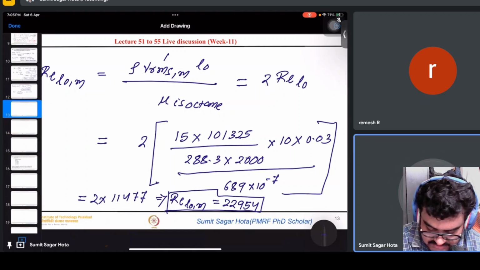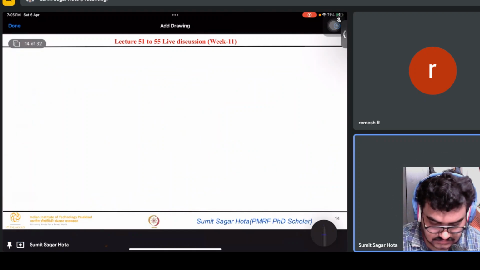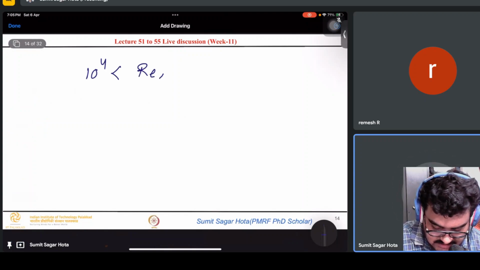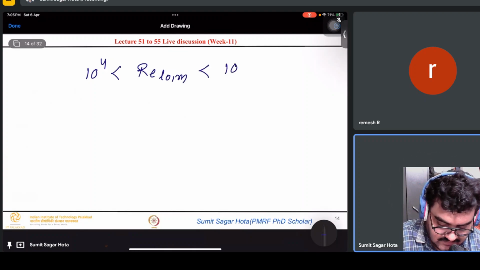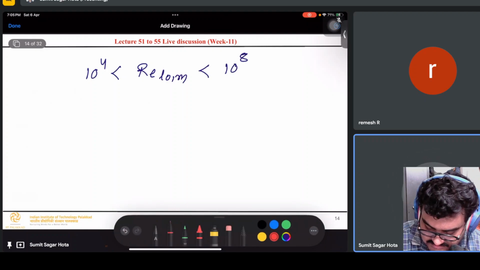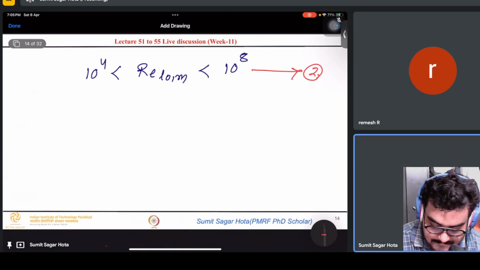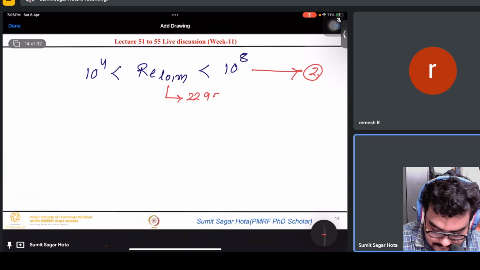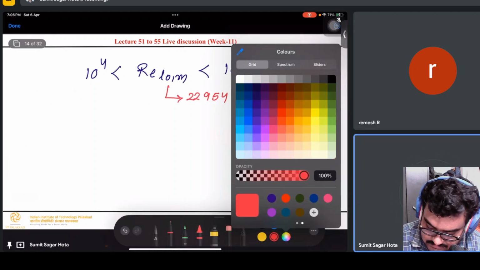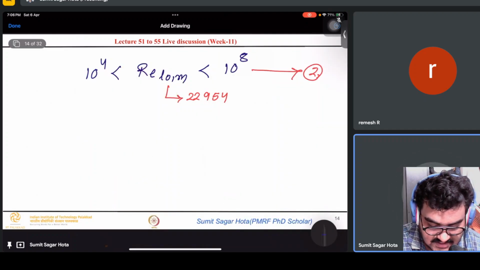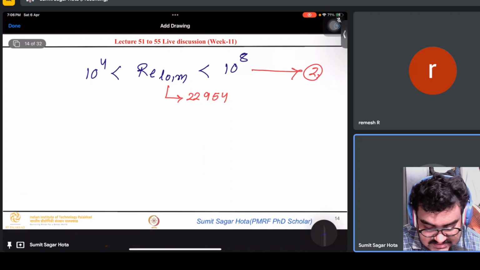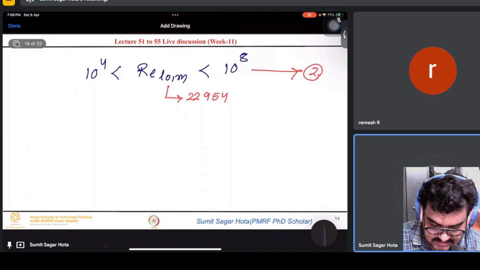Actually this is also in the range. Your Reynolds number is in 10 to the power something range, and if it is in this range it means turbulent regime. So the second condition is actually satisfied. Then your lengths: find out some of the lengths.